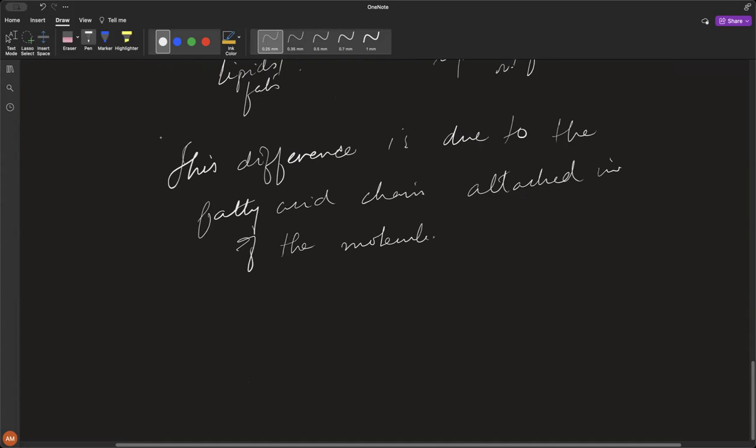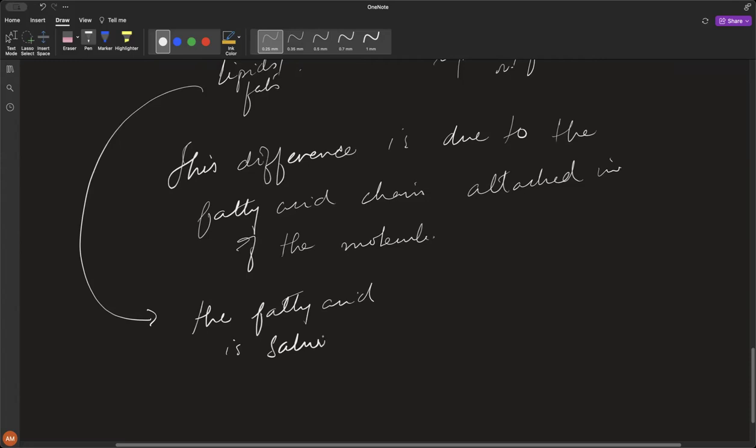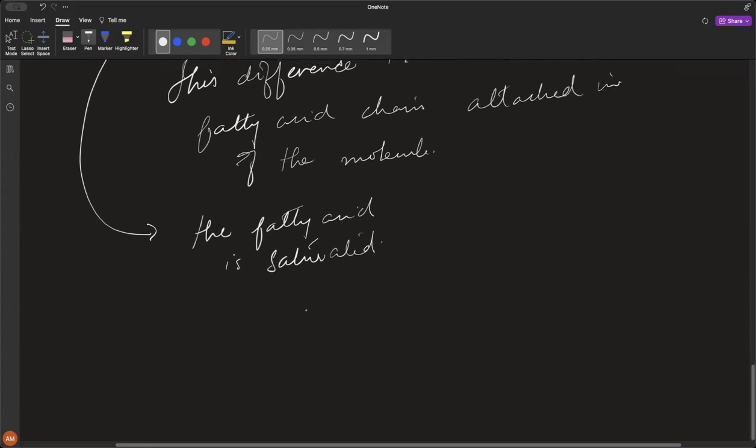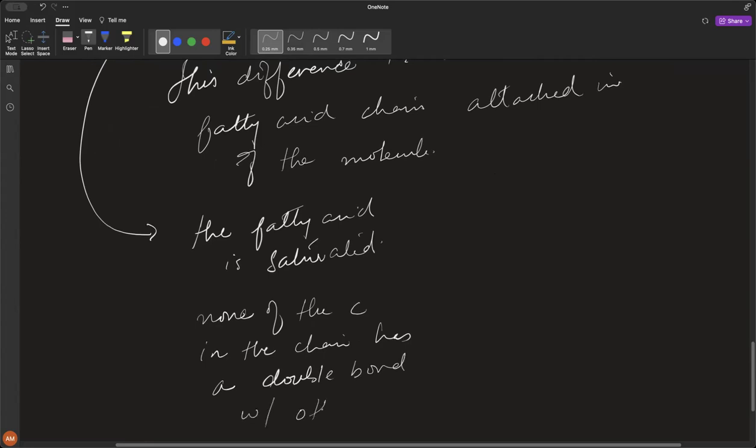For fats, the fatty acid chain is saturated. What does it mean? It means that none of the carbon in the chain has a double bond with other carbon.